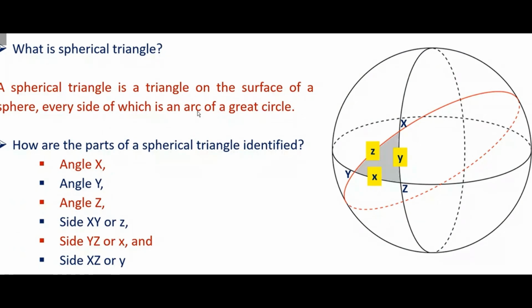Now for making a spherical triangle, all the three sides have to be parts of great circles only. If any one of the sides is part of a small circle, it does not form a spherical triangle, and we cannot use the spherical triangle formulas in that case.